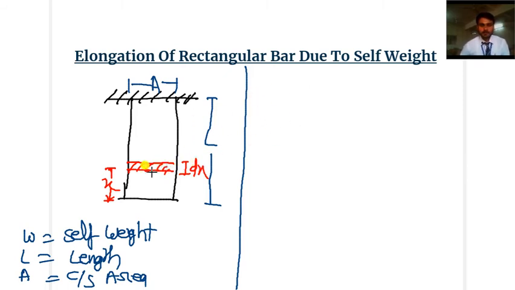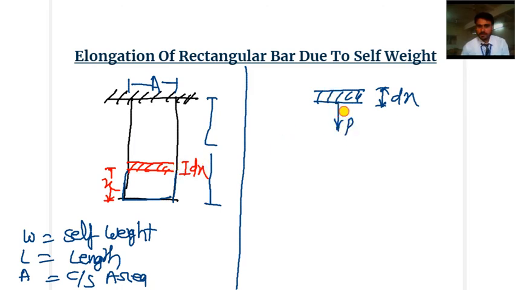Okay. So if we draw the strip here, that is the strip whose thickness is dx, and in that particular strip the self weight will act downward, due to that portion of the rod of length x, which will apply weight on that particular strip.